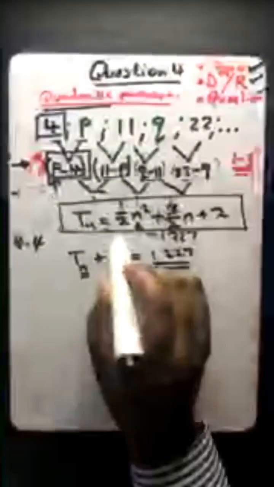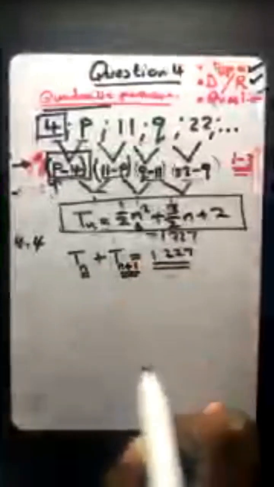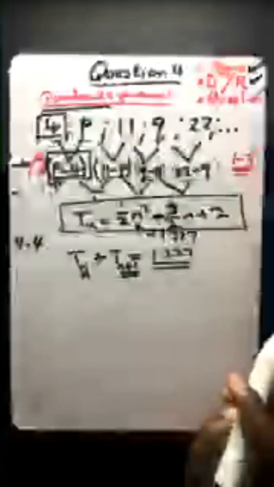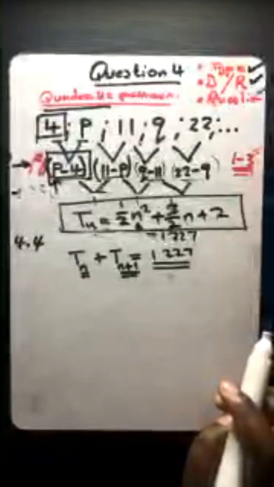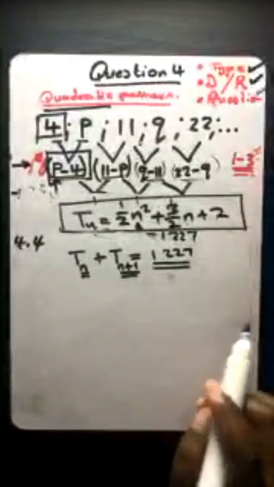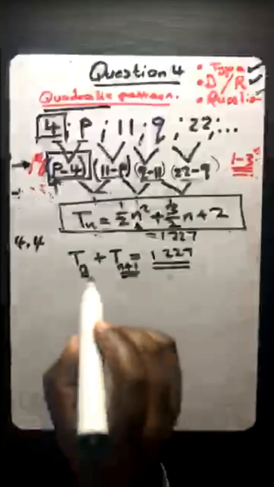Remember, what I'm now going to try and do is to find out what that term number is. So let me just substitute from there. This is what I'm going to do.